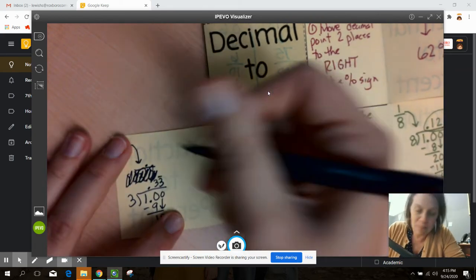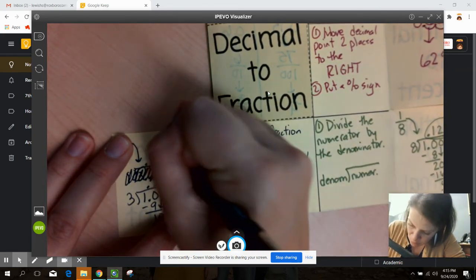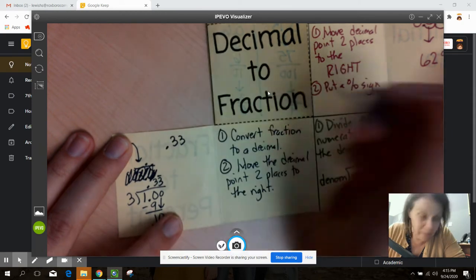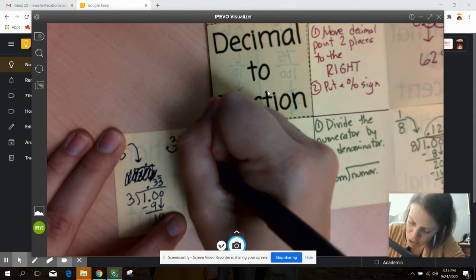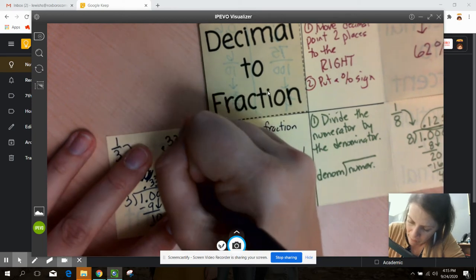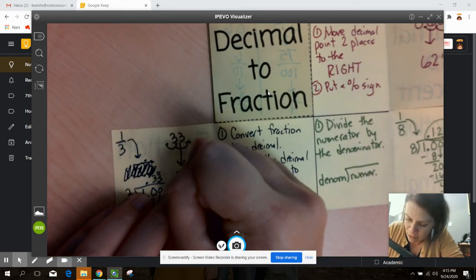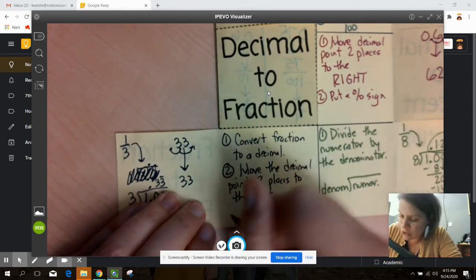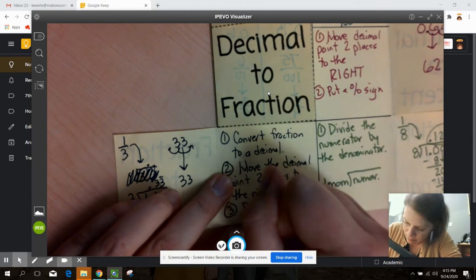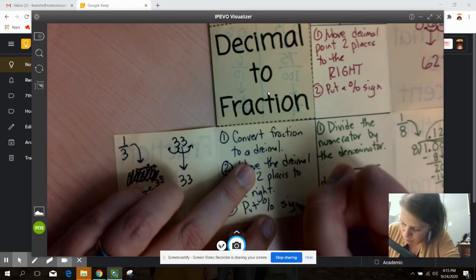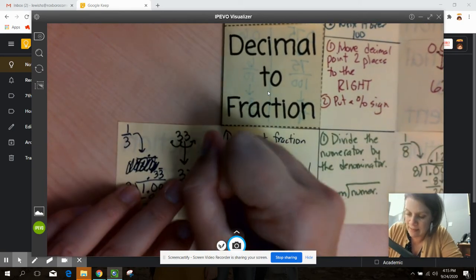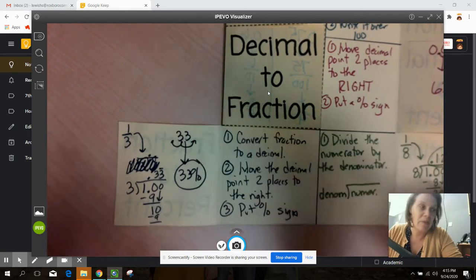So we have this decimal, 0.33, and we're going to go 1, 2 to the right. So it would be 33, and then we would just put the percent sign. Okay, and it would be 33%.